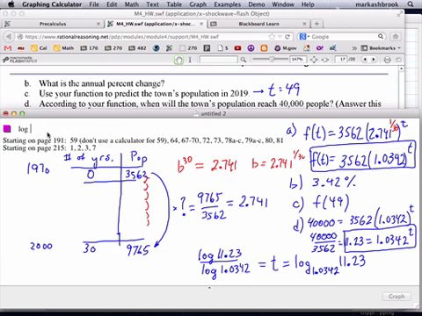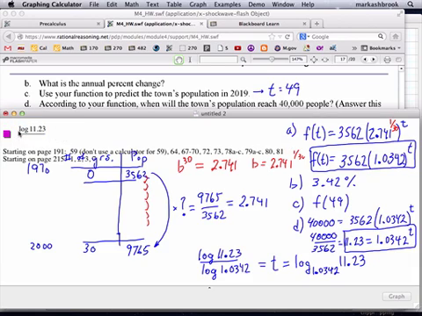So log of 11.23 divided by log of 1.0342. I get 71.9 for t.